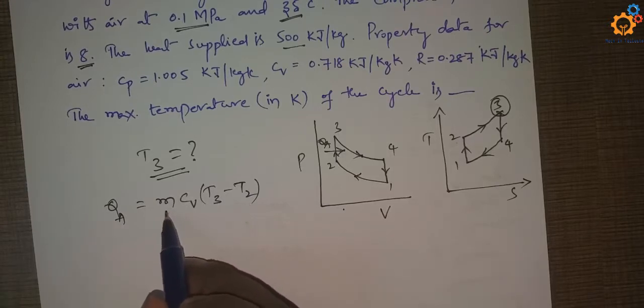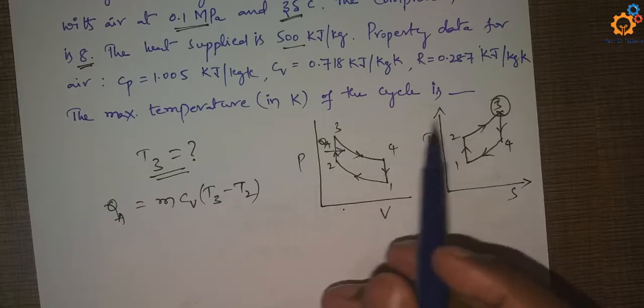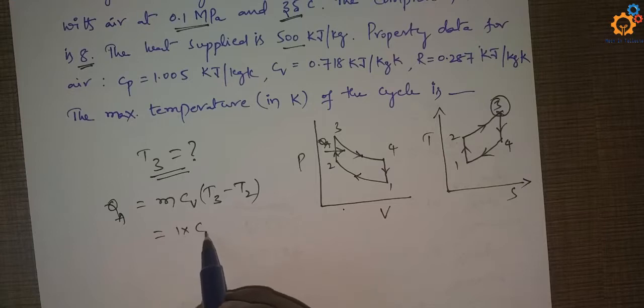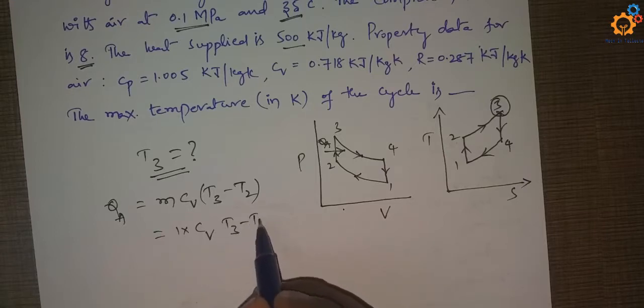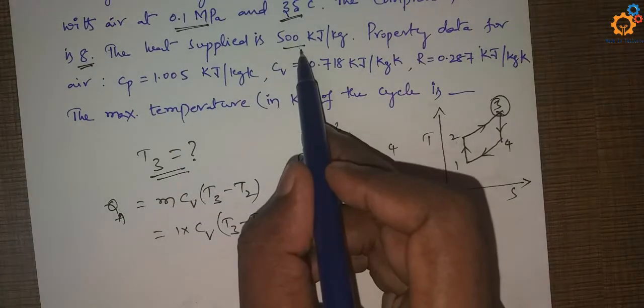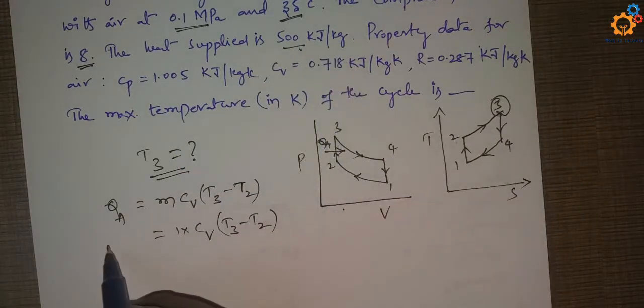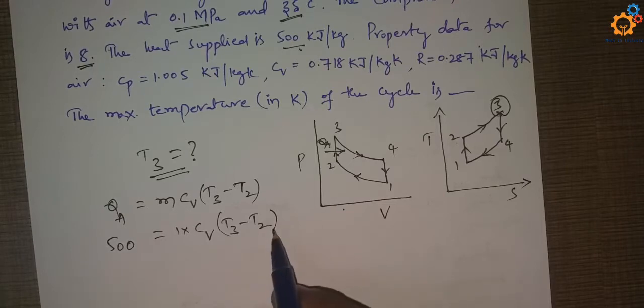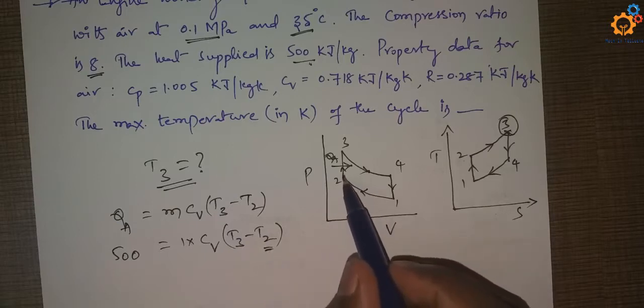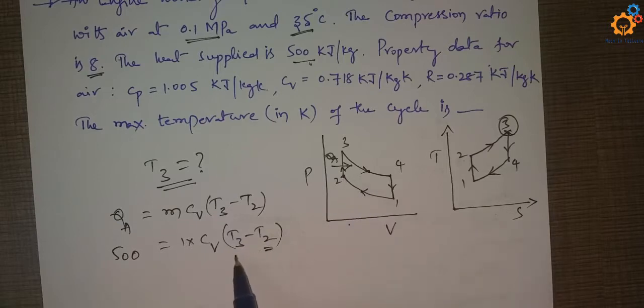Mass of gas generally taken as 1 kg, right? So 1 into Cv (T3 minus T2). In the question, heat supplied is given as 500 kilojoule per kg, right? If you know temperature at point 2, you will know T3, right?